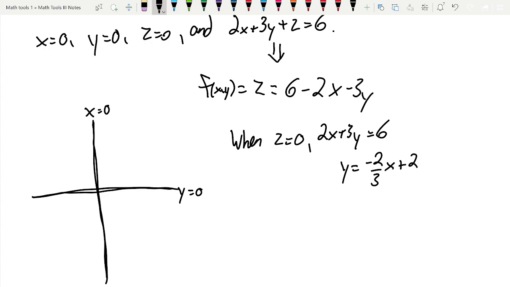So that's going to be y equals negative 2/3 x plus 2 if we solve it for y. So the equation here, we have the y-intercept at 2, and then you go down 2 over 3. Okay, so this would be our line here, and this right here would be the region that we're on.